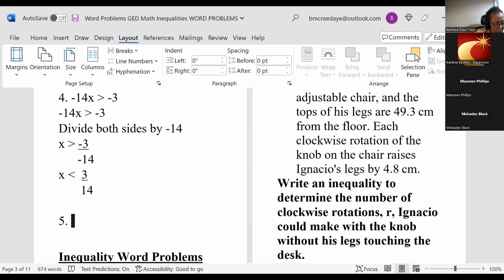This would be 3p less than minus 15. Okay, what is the inequality for this one?